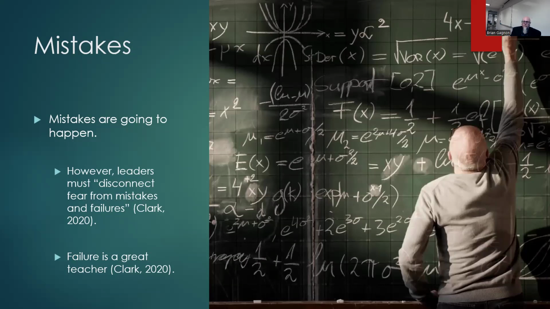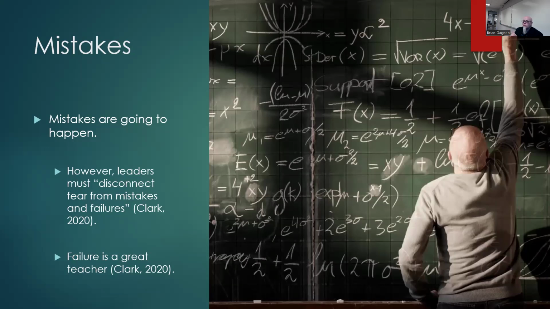Now, once again, if you're a heart surgeon or a brain surgeon, a slip up or mistake could cost someone their life. We're not talking about that. We're talking about mistakes in the learning process here. If you have a team and you're taking them through the learning stages and the process of learning something for that team, for that job, for that project, people are going to make mistakes.